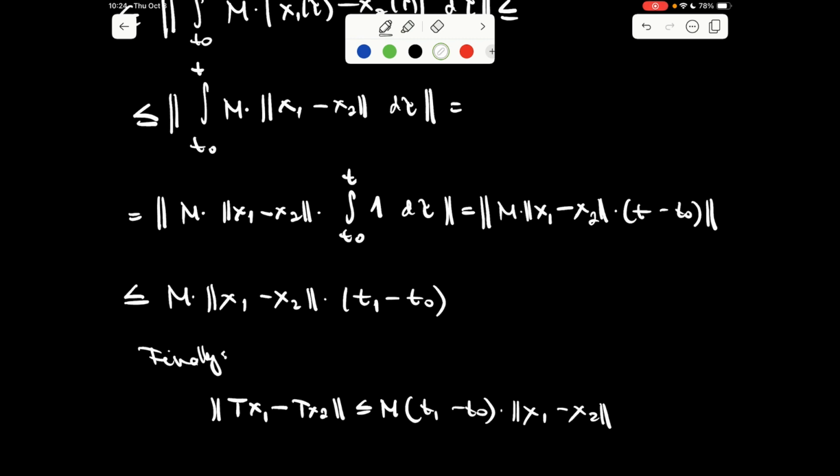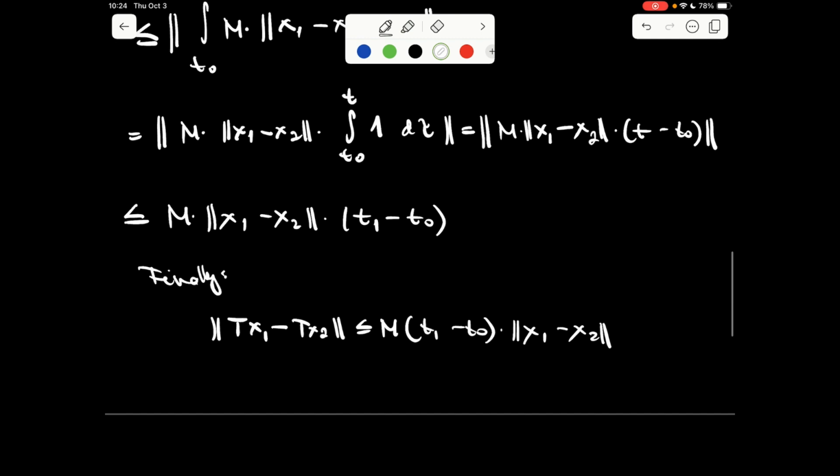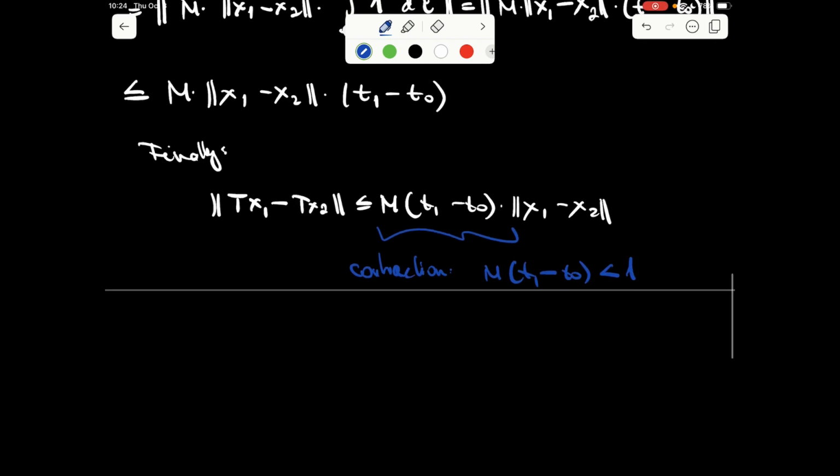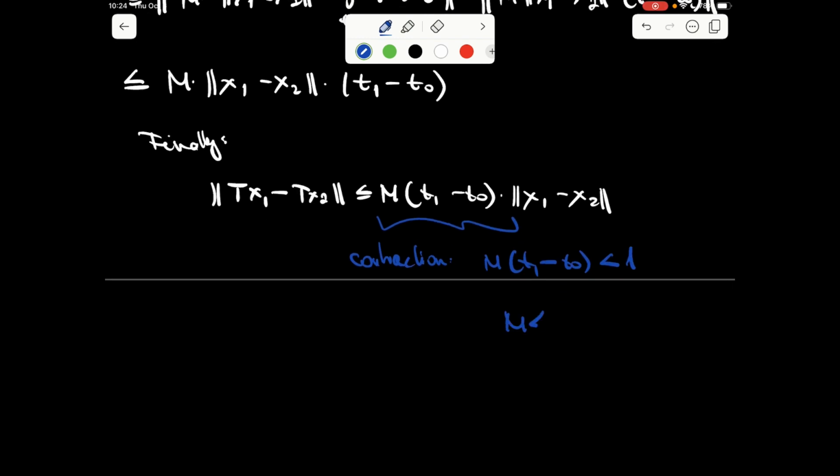Actually, this is a mapping. This is a Lipschitz mapping. And if we want to make it a contraction mapping, then this inequality must hold, from which we have this inequality.